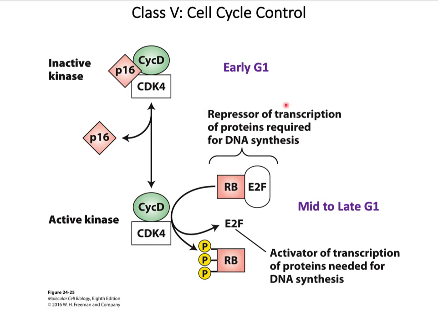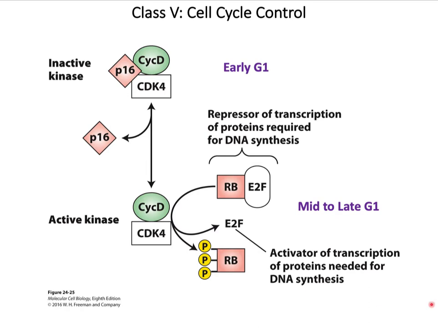And that inhibitor binds to the cyclin CDK dimer and prevents it from phosphorylating proteins earlier than is needed in the cell cycle. But as the cell transitions from G1 to middle to late G1, that inhibitor becomes dissociated and this kinase becomes activated. And its role is to phosphorylate retinoblastoma, or RB.